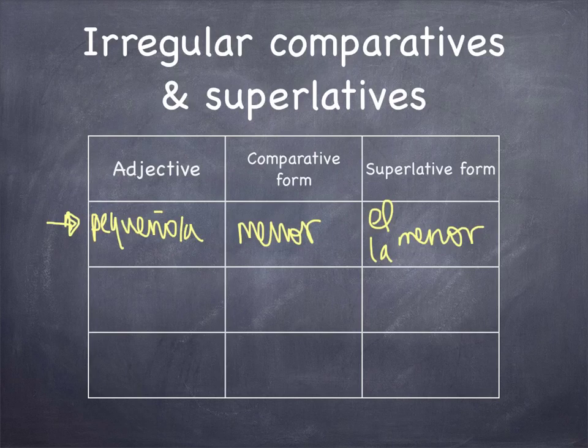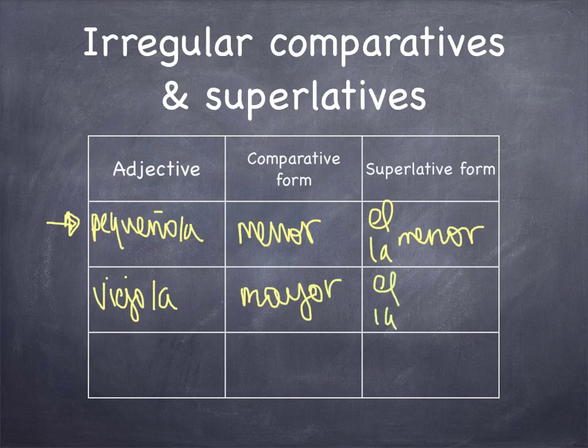So let's continue with viejo, vieja, which means old. Now, mayor, older, y el, la mayor, the oldest.